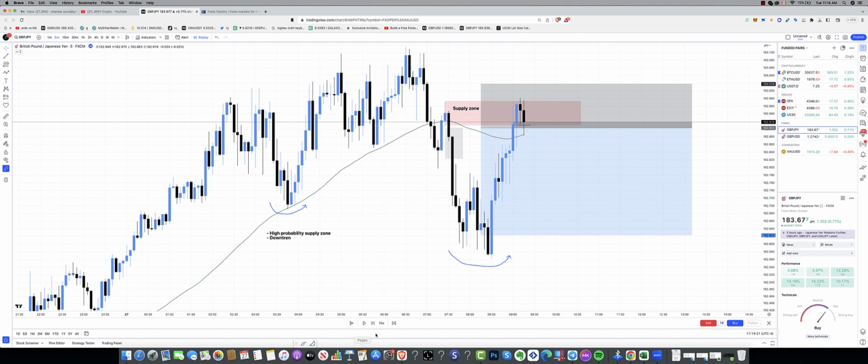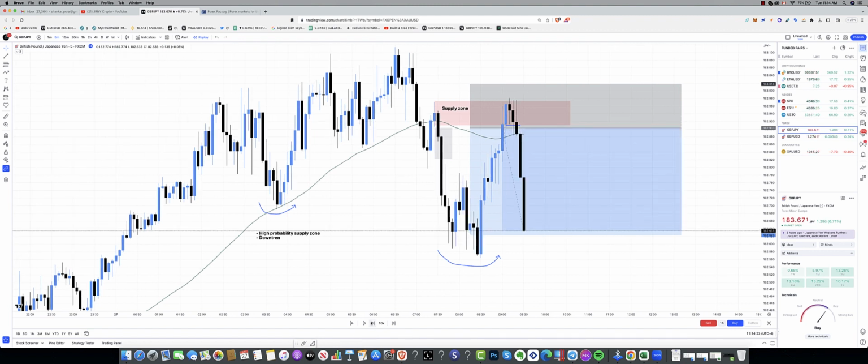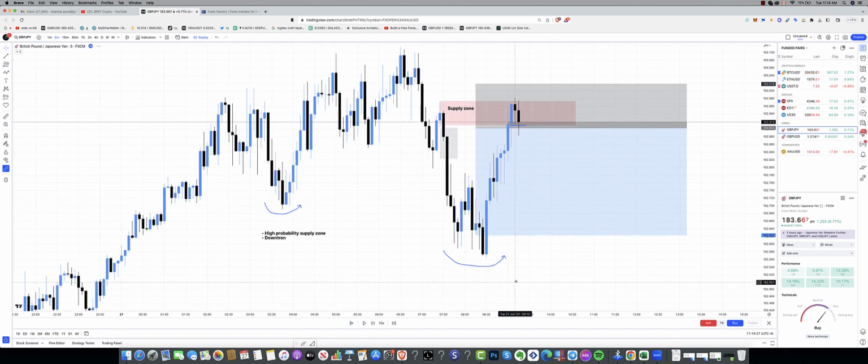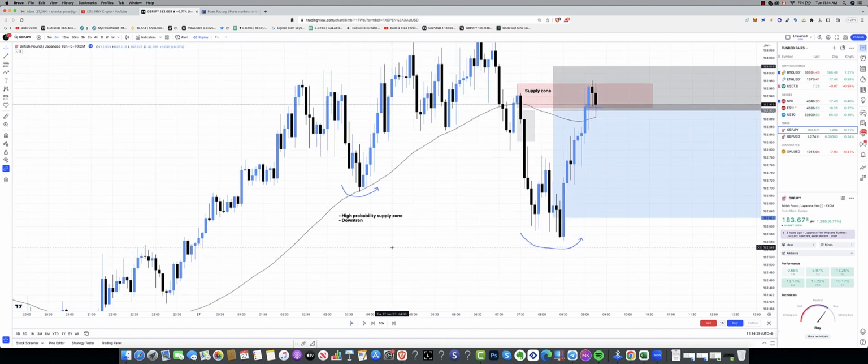Now before we continue, the reasoning for my stop loss and my take profit is because we have a demand zone down here. So supply zone up here, demand zone down here.